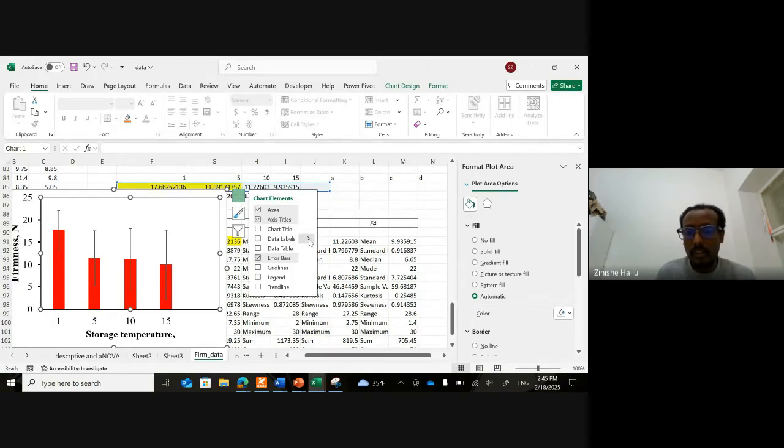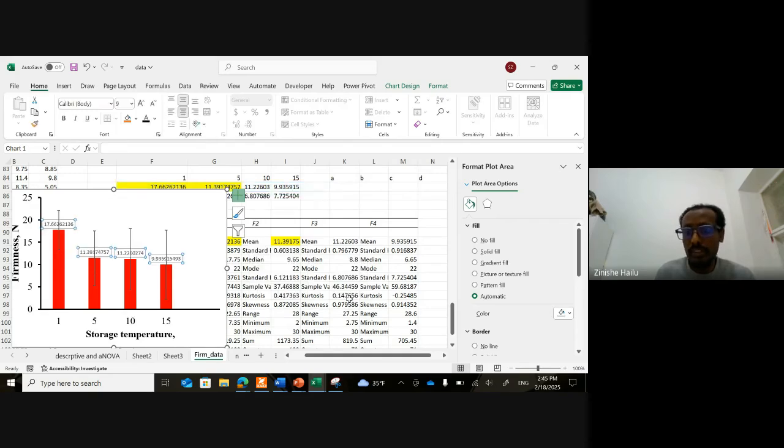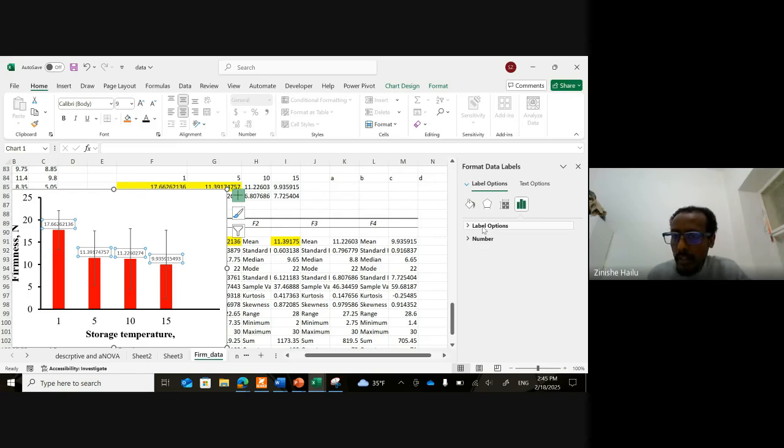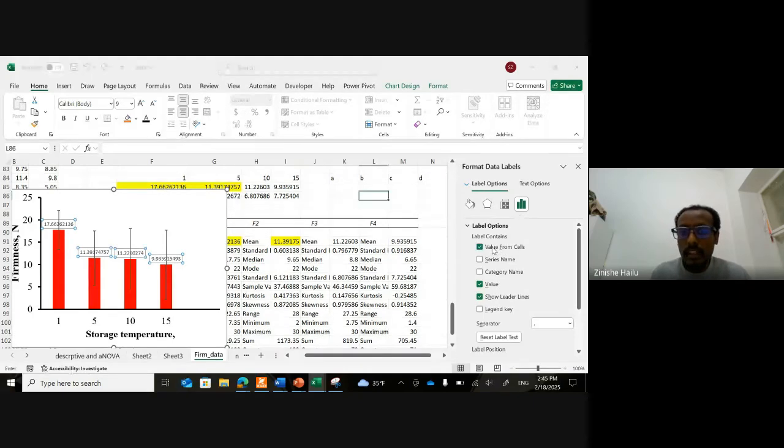If you go to the data label, and then you can choose the more option, and then here you click this one, label option, you will get it. After that, select from the cell, and then I will input these values.